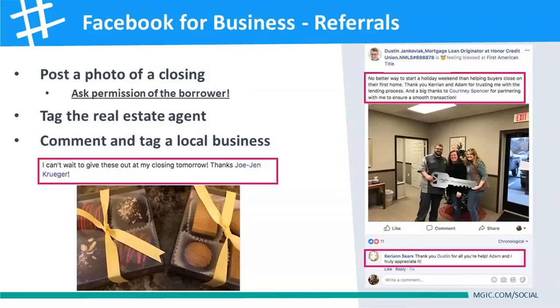Now that business, because you're supporting them, is going to want to share this post as well. So again, this is similar to that other example where you're getting people who don't know who you are to see you, to discover you. You're being seen by a business, and people who are connected with this other business, who like this other business, are essentially promoting you.